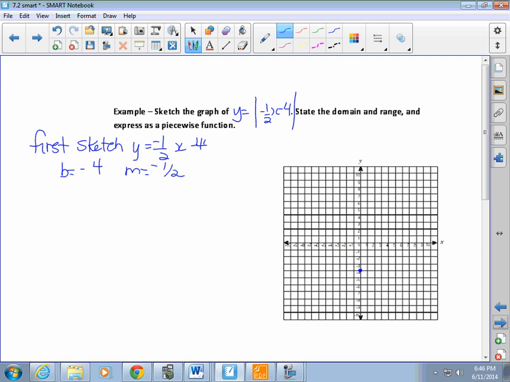And then my slope went down 1 over 2. And then it would be down 1 over 2, down 1 over 2.